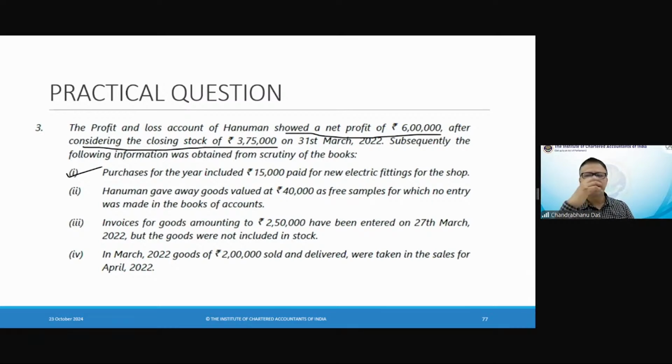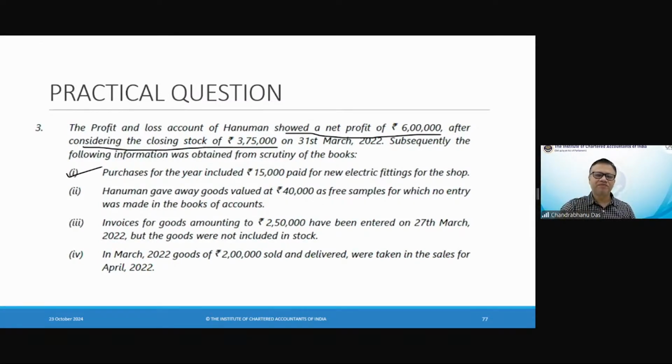Now what happens? You have purchased inventory, but 15,000 is paid for the new electric fittings. It is an expense. So the expense item is added to the purchases, which is showing you a net profit. But actually, there is an expense item which has been added extra. So the purchases became more by 15,000 in the gross profit part.